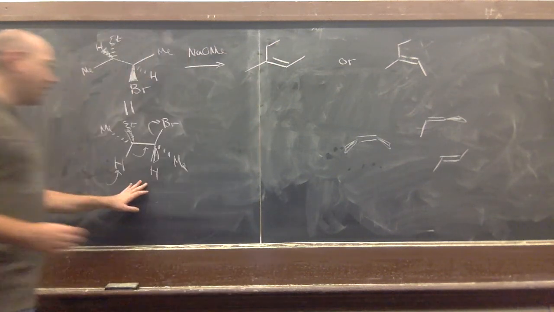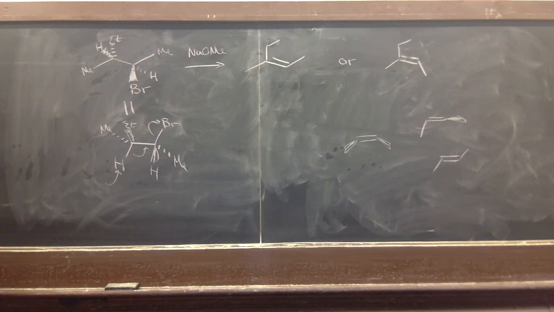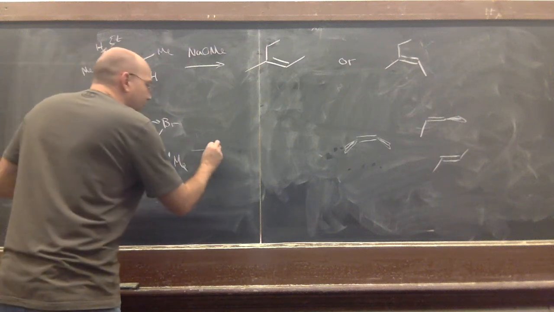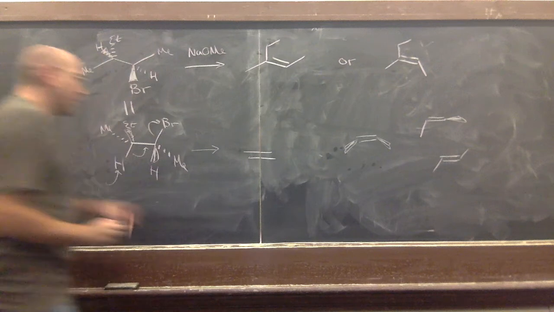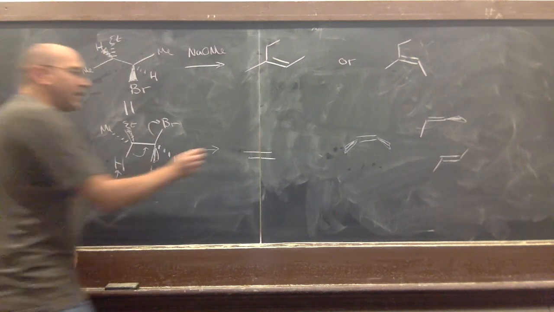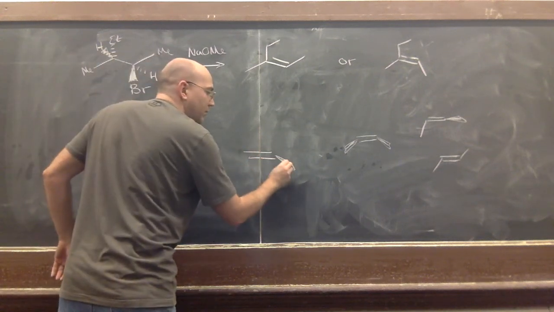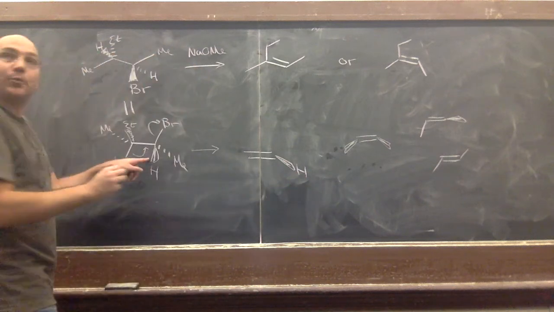One of the reasons I like this is I personally think it's easiest to see the chemistry in the plane of the board. And here the chemistry is taking place in the plane of the board, which means that when I draw this, this doesn't change, right? The proton is still coming towards you, and the methyl group is still going back.